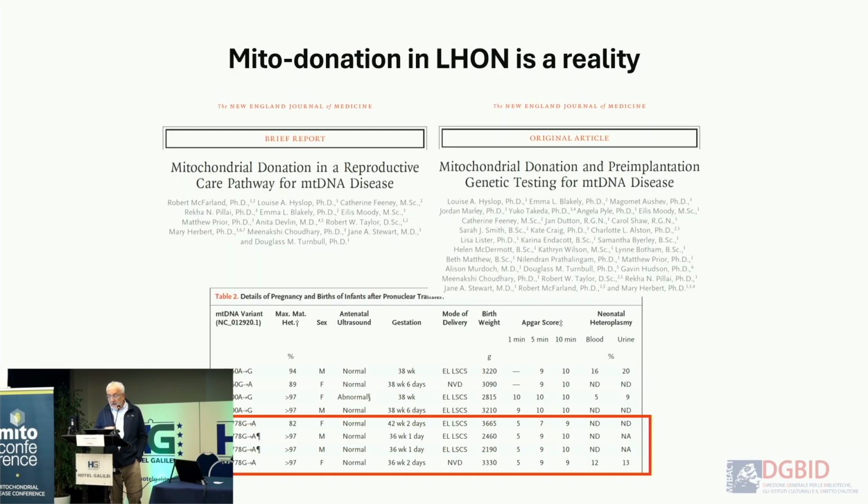But as we heard from Bobby this morning, it's a reality, the fact that you can avoid the transmission of the mutation to the progeny, to the kids. And 4 out of 8 cases that underwent mitodonation were actually carrying the 11778 Leber's mutation.